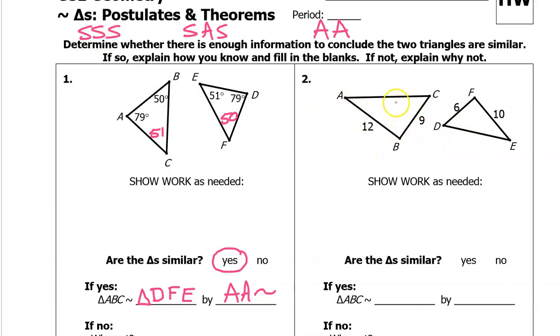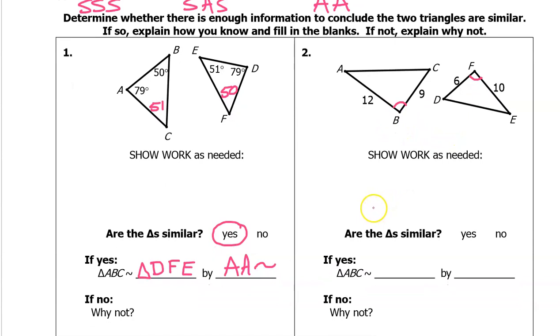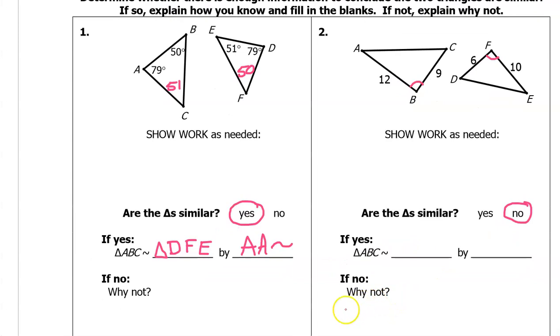But we don't have three pairs of sides marked, so our only hope is for side-angle-side. But for that, we would need to somehow know that angle B is congruent to angle F. We'd need the angle in the middle. So we just don't have enough information. So we're going to have to say no. Okay, we don't have enough information to prove that these triangles are similar. So I'm just going to say not enough information.